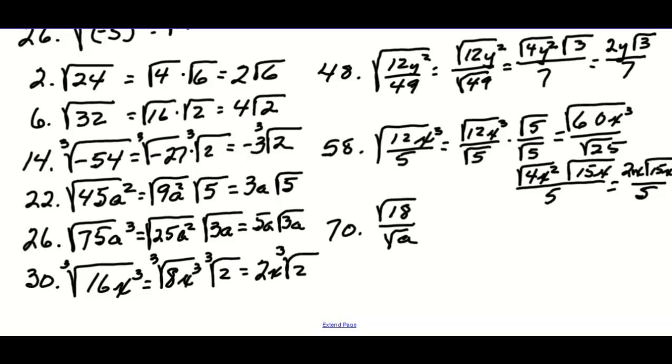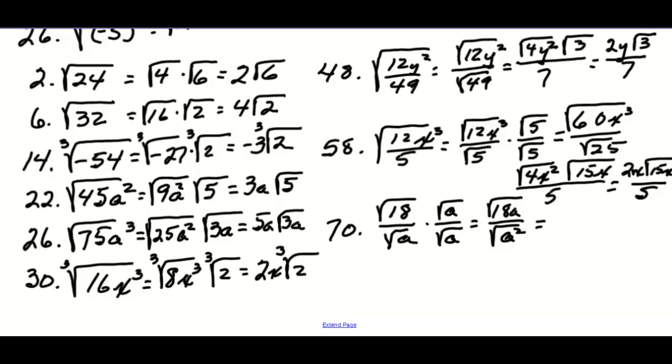For number 70, what we have is square root of 18 over the square root of a. Here, what I have to do to rationalize my denominator is multiply both the numerator and the denominator by the square root of a. What I end up with then is the square root of 18a over the square root of a squared. Now, a perfect square that divides into 18 happens to be 9.